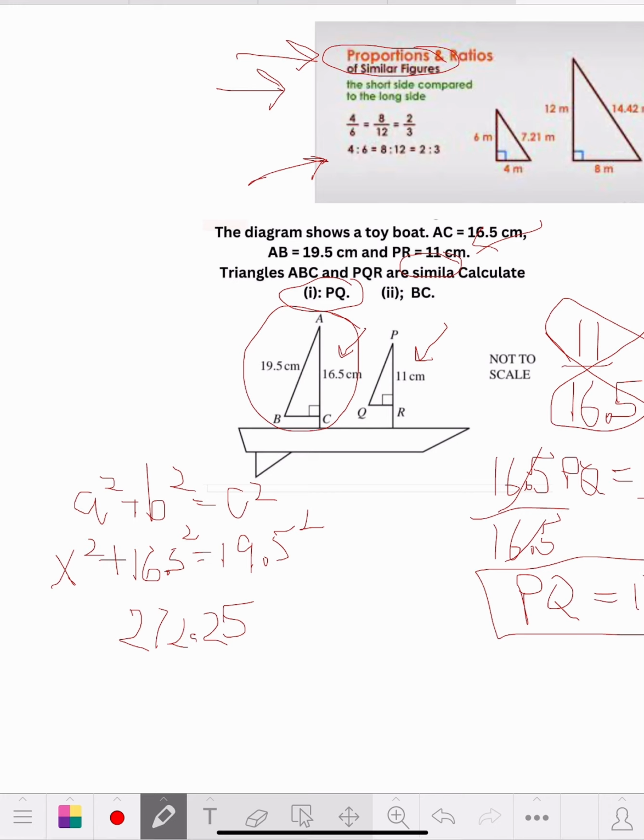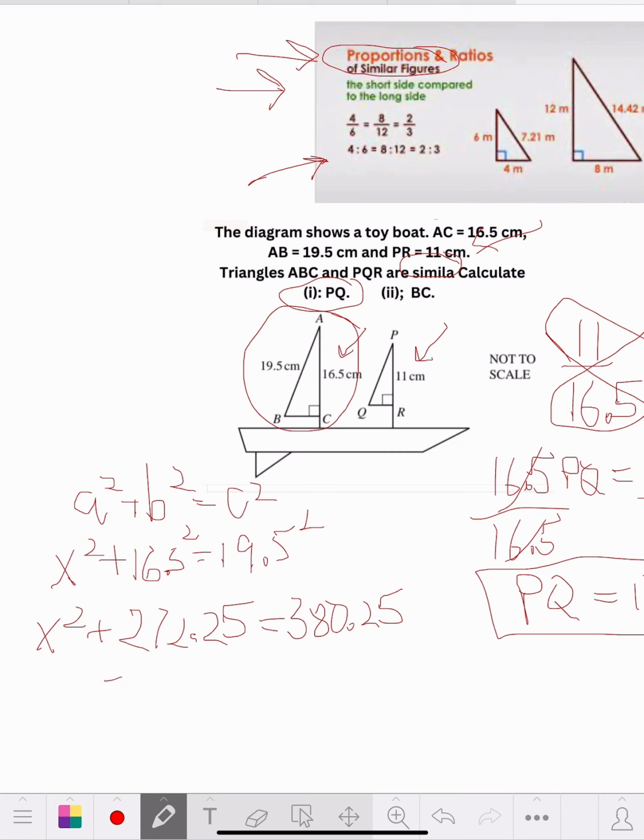So we know x squared plus 272.25 equals, now what's this one? This is 380.25 with the calculator. But we still want to get the x by itself. So how do we do that? We subtract the 272.25 from both sides.